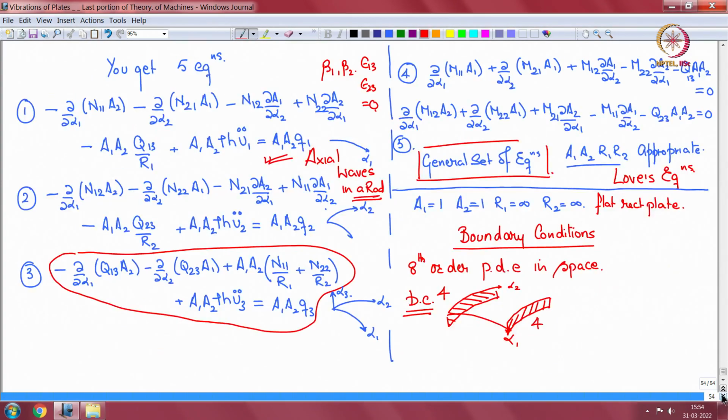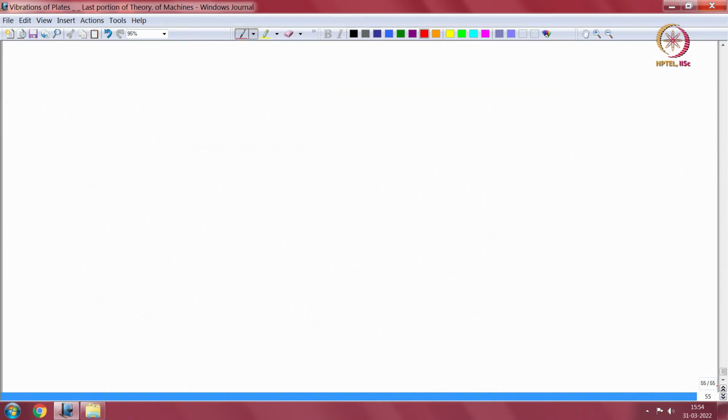Okay. So there is some kind of incompatibility, and this was first observed by Kirchhoff. So he made a change. Okay. So what did he do? So just for once if you have, let's say, this is alpha 1, and this is alpha 2, alpha 1 and alpha 2.